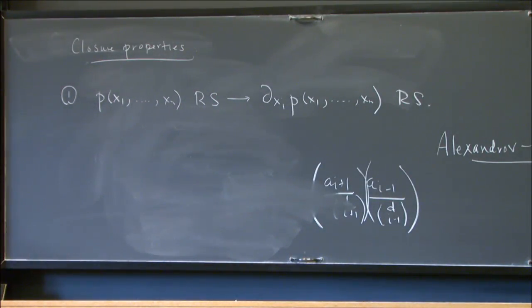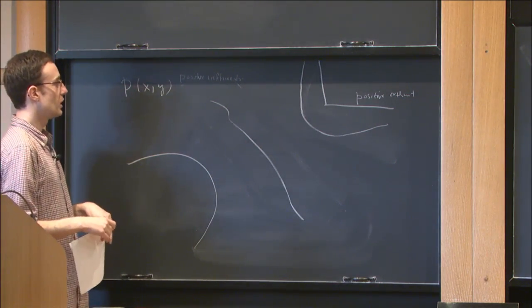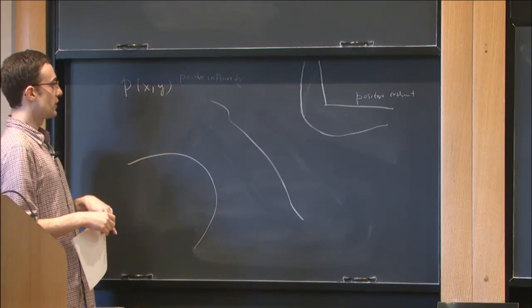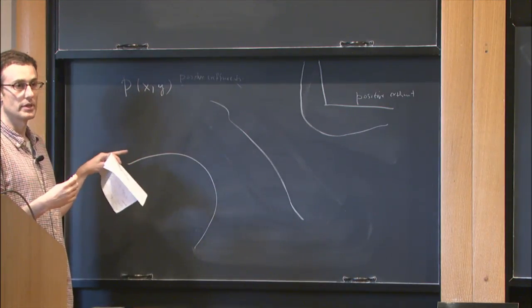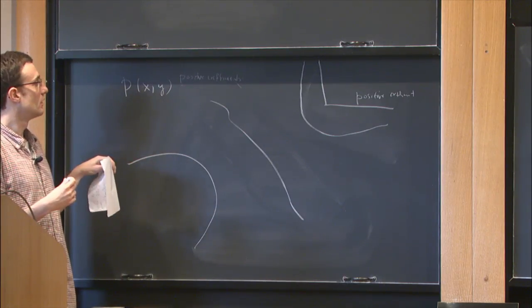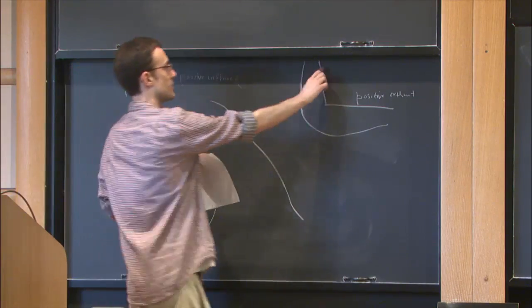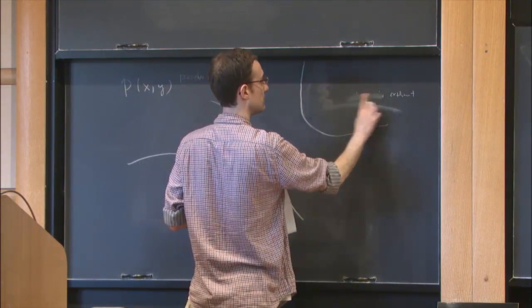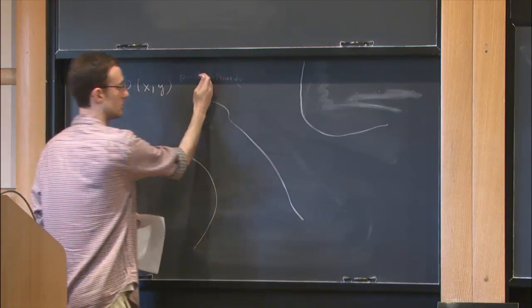Can you explain what it demonstrates? So, for instance, xy equals 1, right? Does it demonstrate a real stable polynomial or something which is not real stable? So it's real stable, but it doesn't have the positive orthant in here.